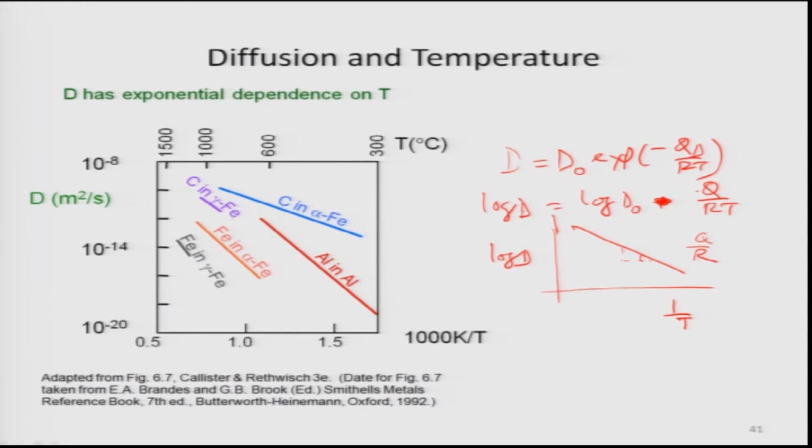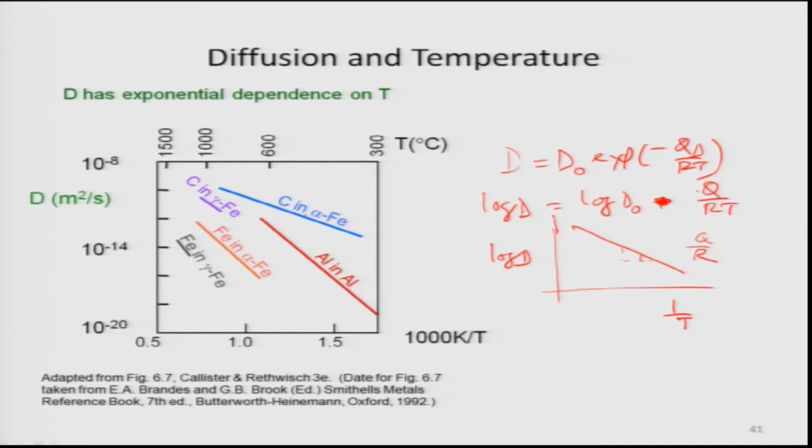You see the slope of carbon in gamma iron is steep. The higher the slope, the higher the value of D; that is why D here is something like 10 to the minus 8, 10 to the minus 9. Carbon in alpha iron is also high, but the slope is slanted.